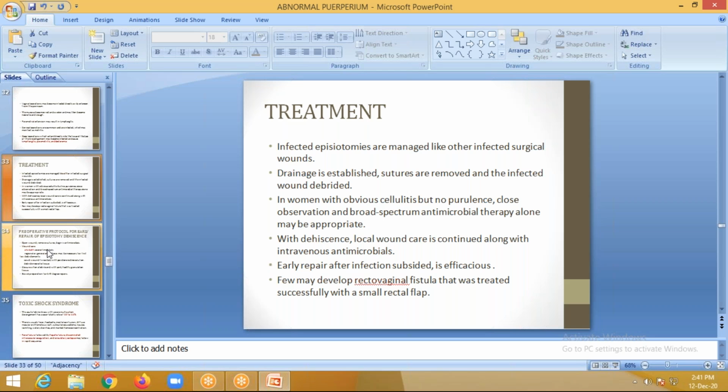With dehiscence, local wound care is continued along with intravenous antimicrobials. Early repair after infection has subsided is efficacious. Women can develop rectovaginal fistula that may be treated successfully with a small rectal flap.